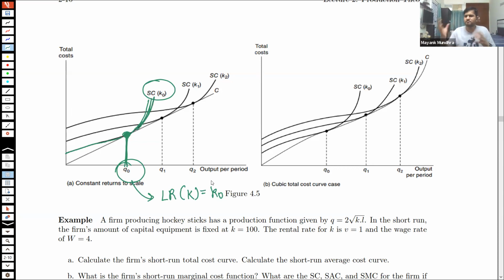So if you assume some level of capital K0, and you hire that amount of capital, luckily it so happens that you have to produce quantity Q0. The problem is you do not know before you start manufacturing exactly what quantity you are going to face.